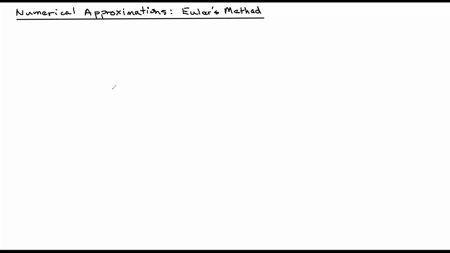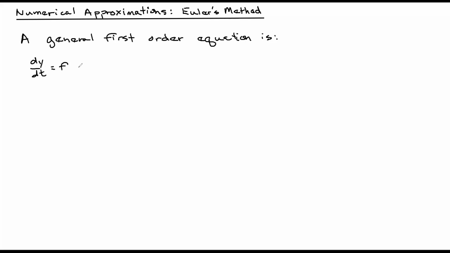So, as we've discussed previously, a general first-order differential equation looks like the following. We have dy/dt equal to some t and y stuff, and then we have an initial condition.